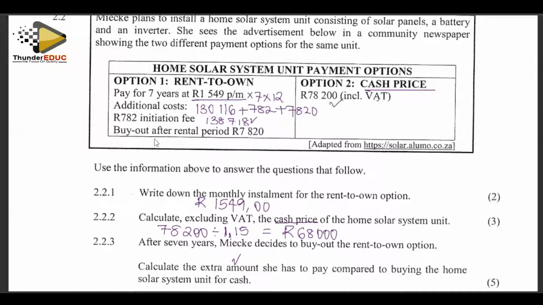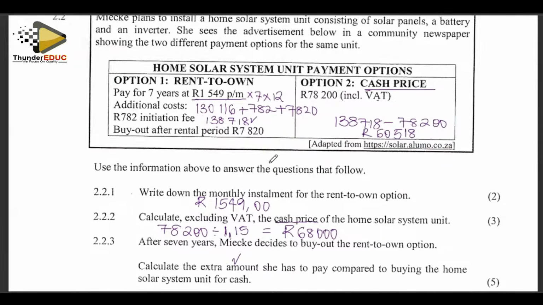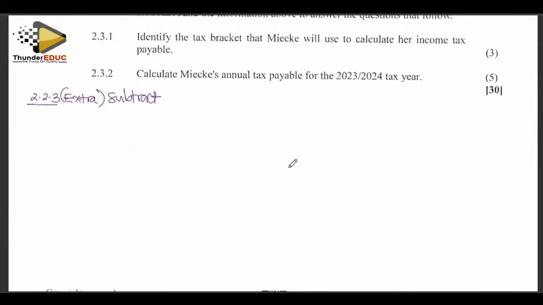Now the cash, so we are looking for extra. How much extra? So you need to subtract. You're going to subtract minus 78,200. And the difference is 60,510. This is the difference. That's how much extra you would have paid. I like to work it out when it's separated like this.